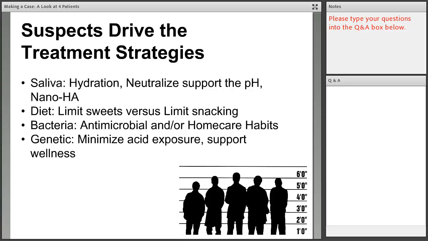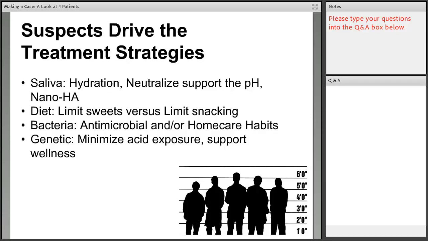So if you stop and think about this for a second, anytime you walk into that operatory and you got a patient sitting there and they got decay, 2 out of 3 of them have a saliva problem. So here's your mantra: saliva, diet, biofilm. This should just go into your brain. Every time you walk into the room, think saliva, diet, biofilm, and it may be one of those or it may be all 3, as we're going to look at some cases tonight.